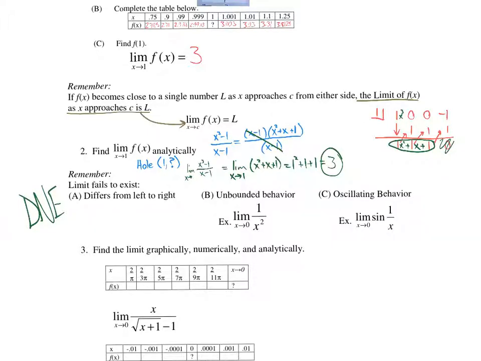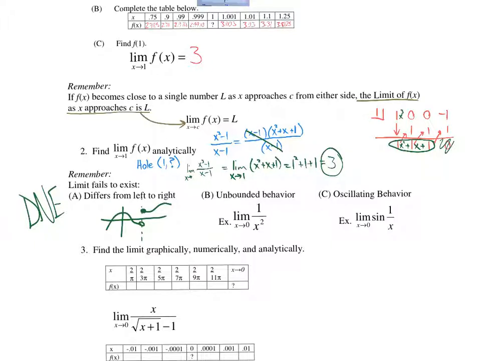Okay? If you have a graph where it's approaching something different from the left than it is from the right, then the limit does not exist. Okay? If you have unbounded behavior, now what does that mean? There you go, good.